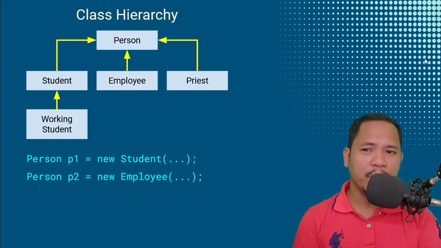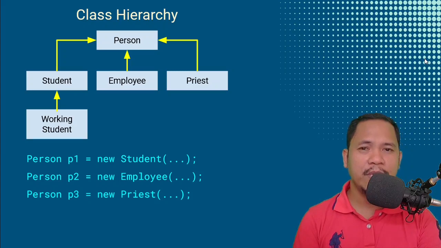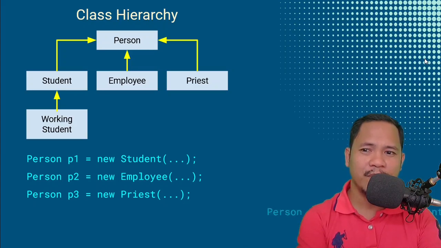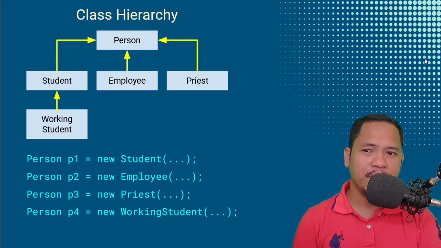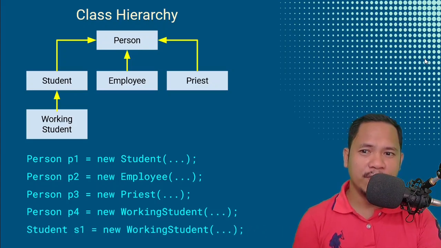Or, person P2 is equal to new employee, which is similar to person P3 is equal to new priest. So here the class person has been assigned with three different classes in mind. The common among those three is that all of them are subclasses of person. You might also have, for example, a student S1 is equal to a new working student. This is also valid since working student is a subclass of student.